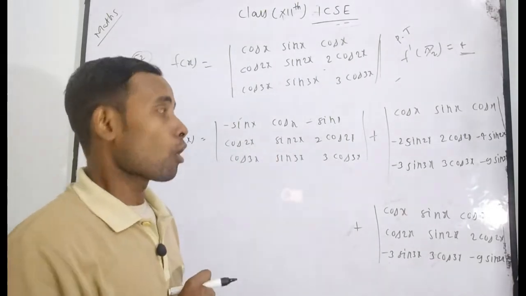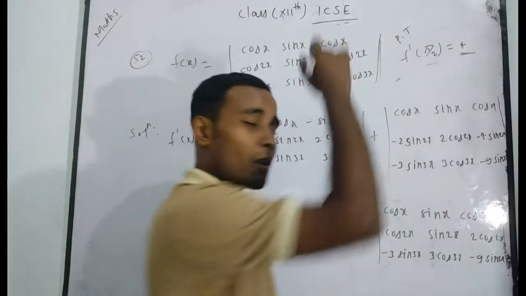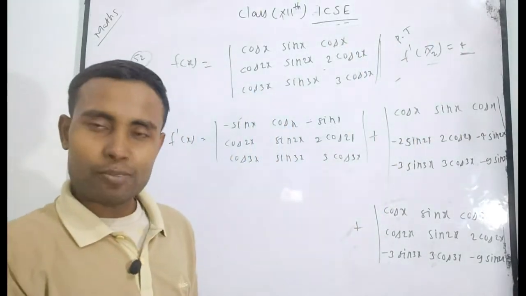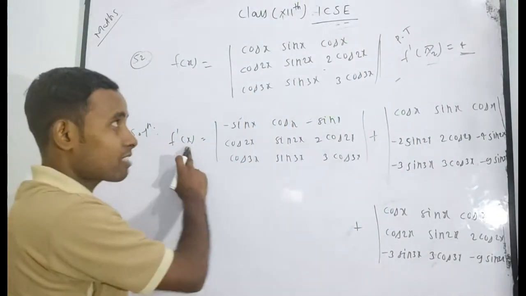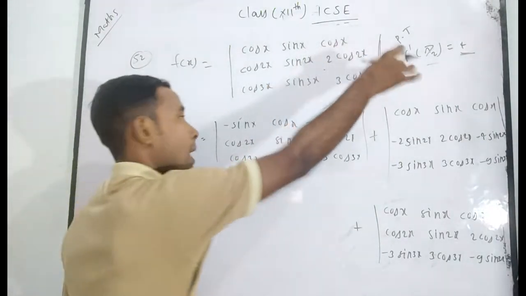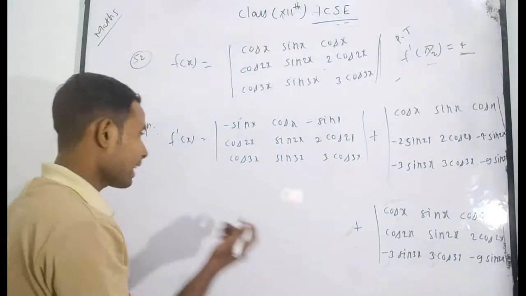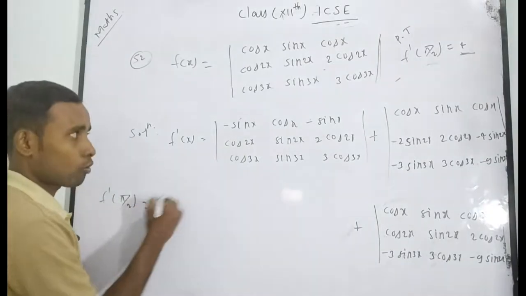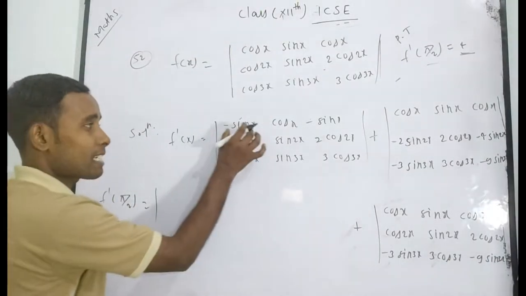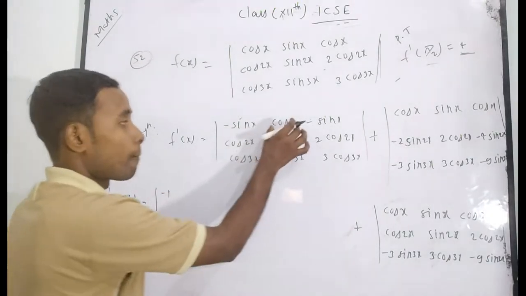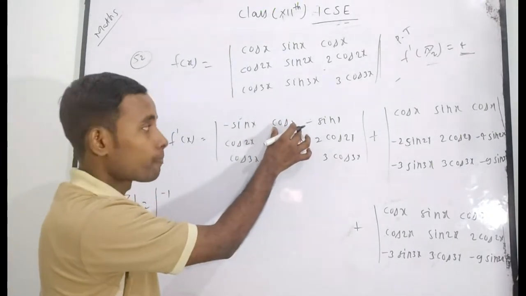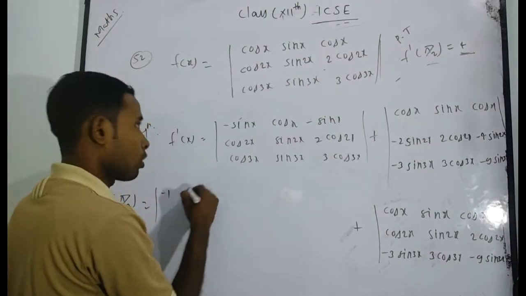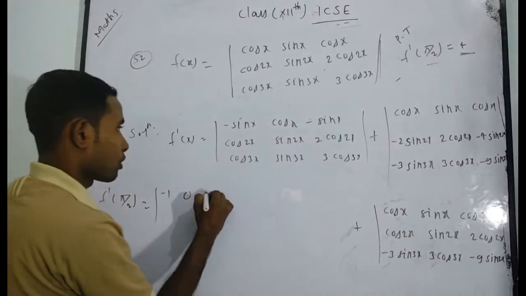So why not put the value of pi by 2 directly in this function, because you have to replace x by pi by 2. In that case, f dash pi by 2 is equal to: minus sin pi by 2, that means minus 1; cos pi by 2 will be 0; minus sin pi by 2 will be minus 1.